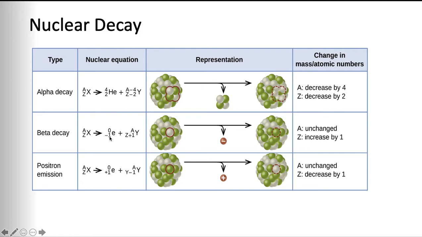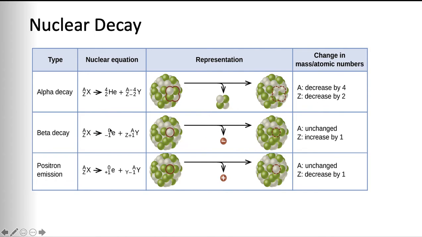Remember, this has a negative charge. It's an e or a beta, but it has no mass at all. Now, this is a charge, but we talk about it as a Z number because what's happening is we're converting a neutron into a proton, and therefore my Z number is changing.